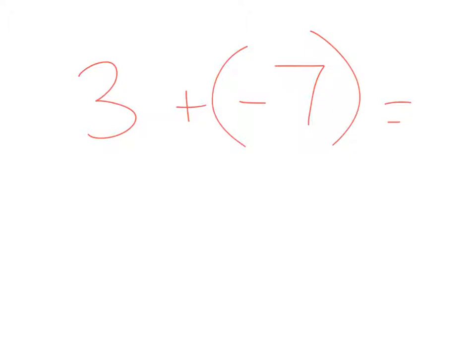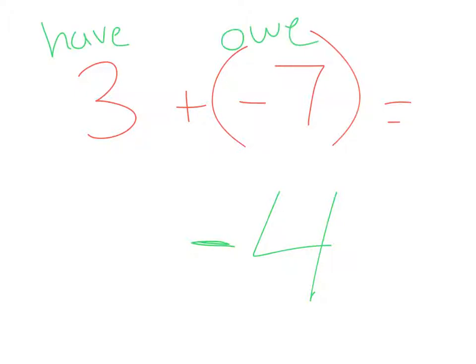I'm going to take 7 minus 3, which I know is 4, but in order to determine whether it's positive or negative, I have to look at my larger value. 7 is my larger value, and because it's negative, so is my answer. Another way to think about that: I have $3, but I owe 7, so therefore I still owe another 4, if you're looking at it in terms of money.